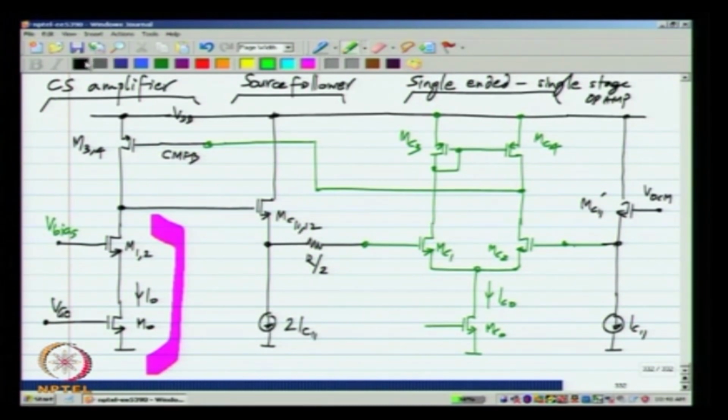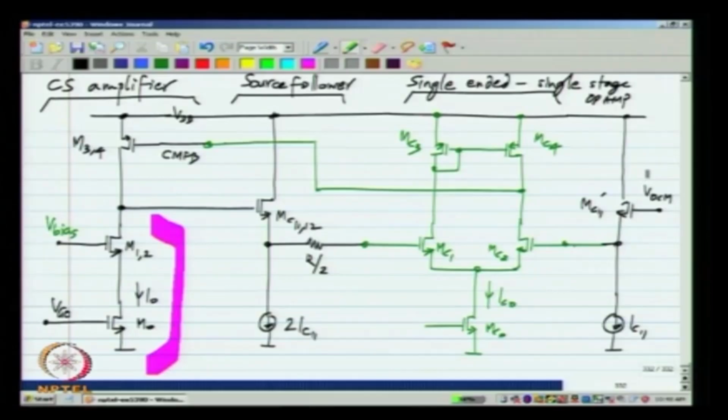Now, what do we know about the stability of this? If you observe this circuit, what we have is equivalent to a 2-stage op amp with an additional source follower buffer. Now, the source follower buffer came because we used a buffered common mode feedback stage. If we did not use that, even that would not be there. Because what we have in a 2-stage op amp is a single ended single stage op amp followed by a common source amplifier.